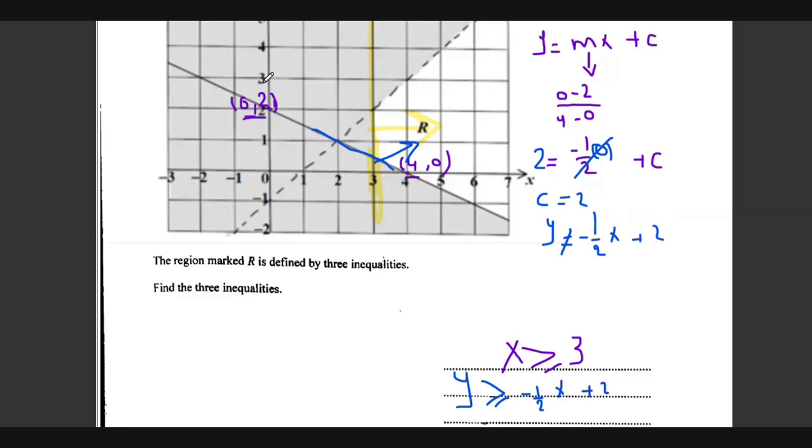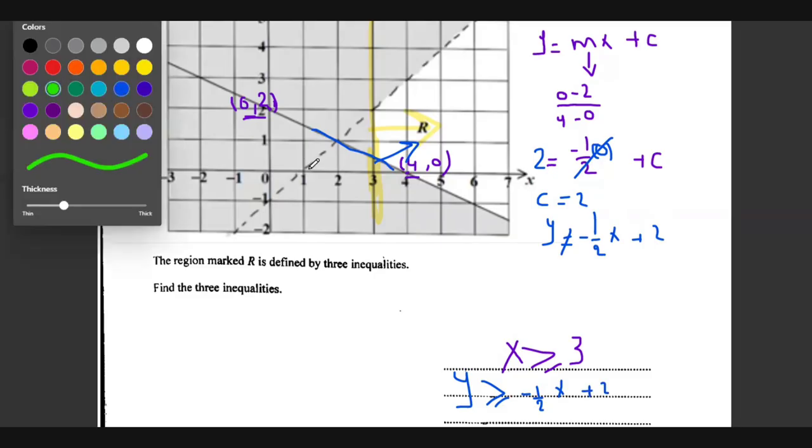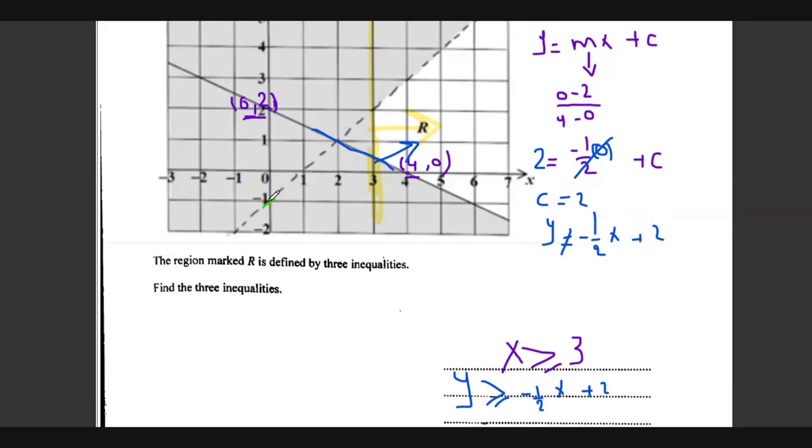The third equation, we can get from this line, where we have 0 and negative 1 as a point, and another point, for example, 1 and 0.